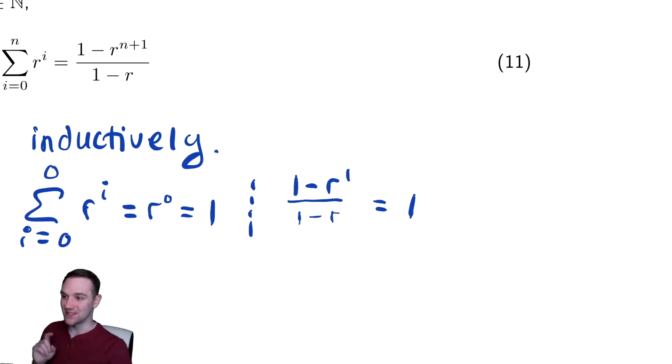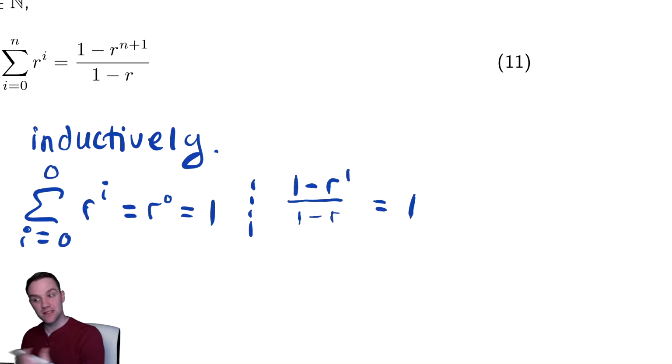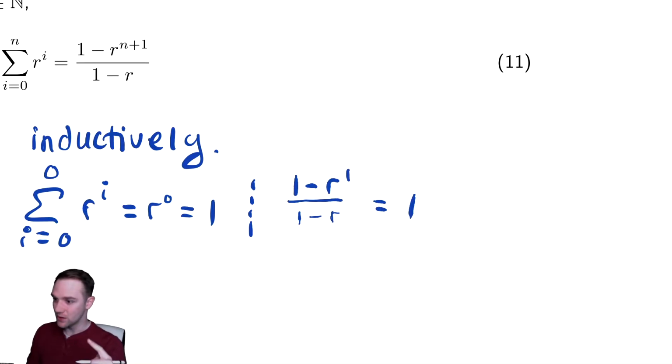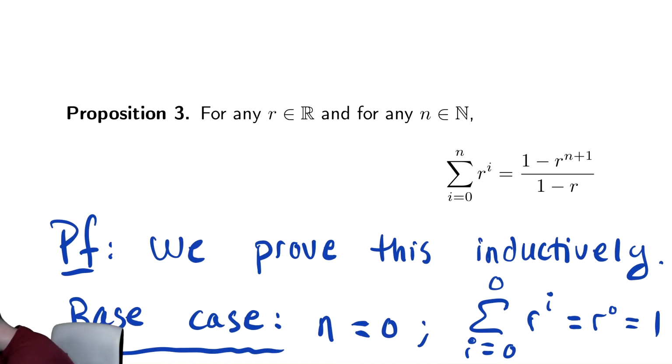So long as r isn't 1, this is something that you need to be careful of sometimes. This formula as written is actually not quite accurate. There are a couple of things that might cause you to be a little suspicious. In particular, r equals 1 and r equals 0. So we're going to add a little caveat to our hypotheses here and say this isn't just the real numbers, it's the real numbers minus 1.